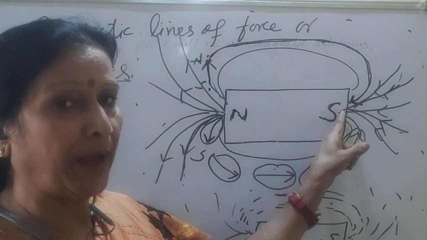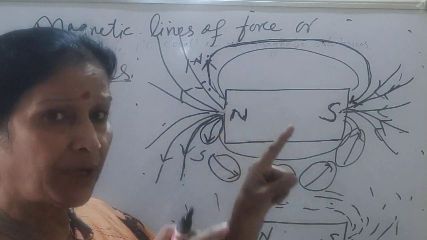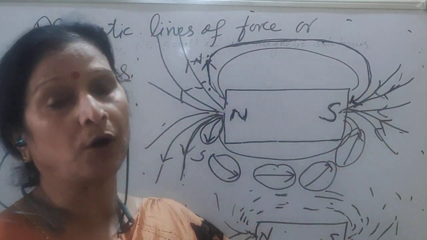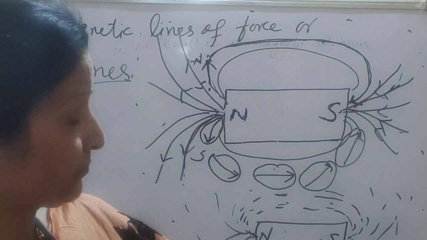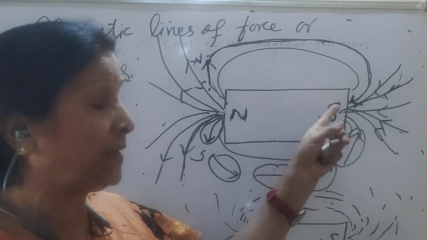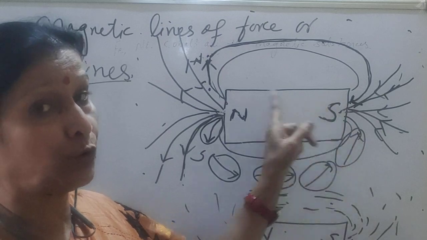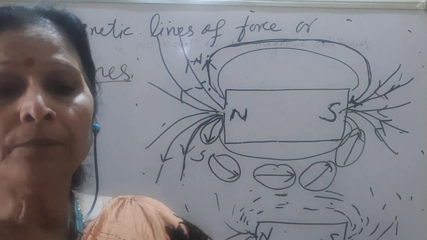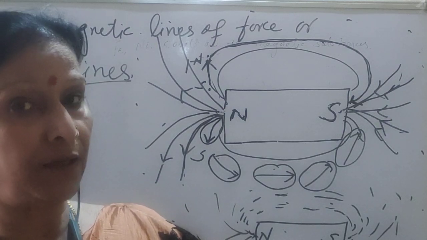And inside the magnet, its direction will be from south to north because they are closed curves. Outside the magnet they go from north to south, but inside the magnet their direction is taken from south to north pole. One property. Next one, magnetic lines of force never intersect each other.